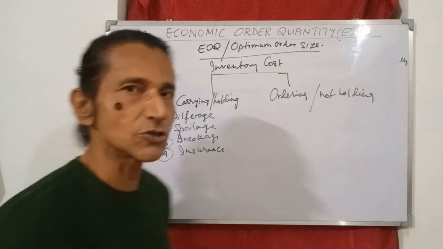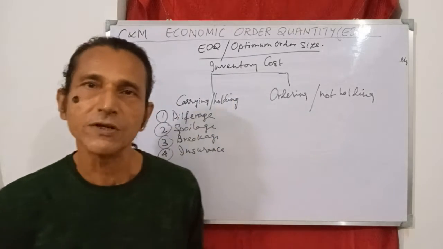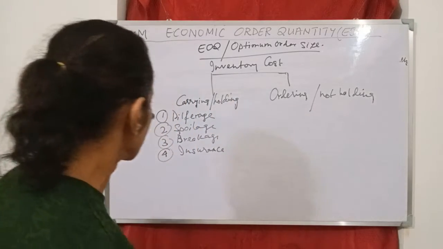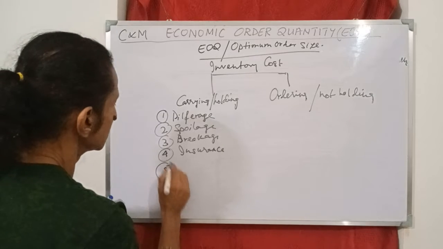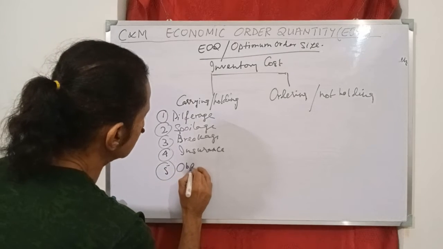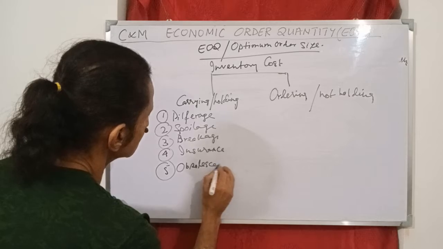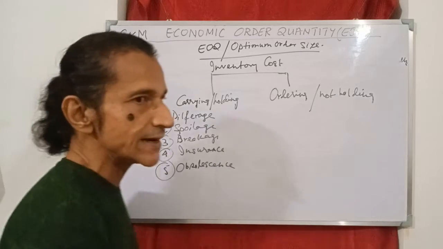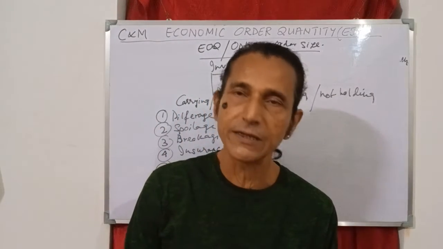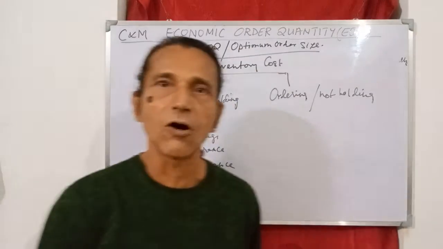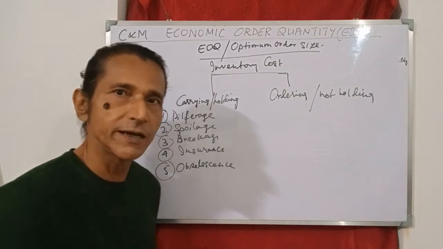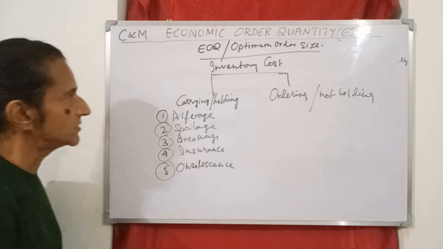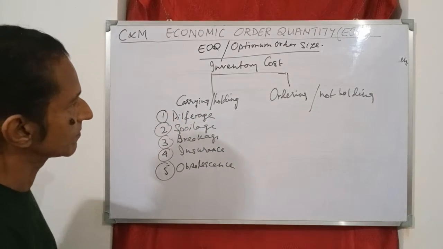The more stock is stored in the stores, the more is the insurance premium. Number 5, obsolescence. There is a risk that the inventory can become obsolete in the middle of the year. So these are the carrying costs.